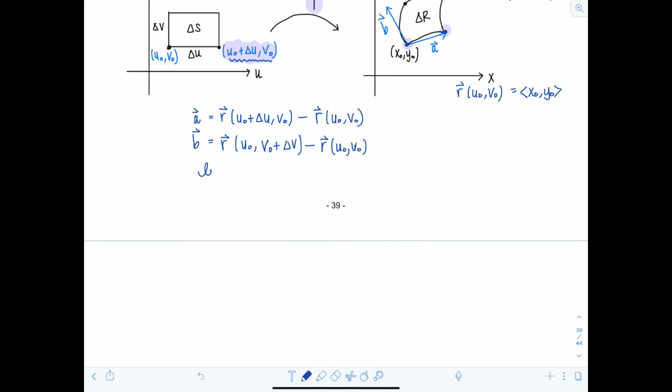So the limit as delta u approaches 0 of r of (u naught plus delta u, v naught) minus r of (u naught, v naught), so that's my vector A, divided by delta u. Does this look familiar? This is our partial derivative with respect to u.